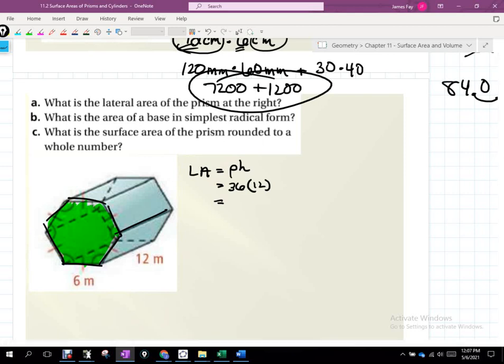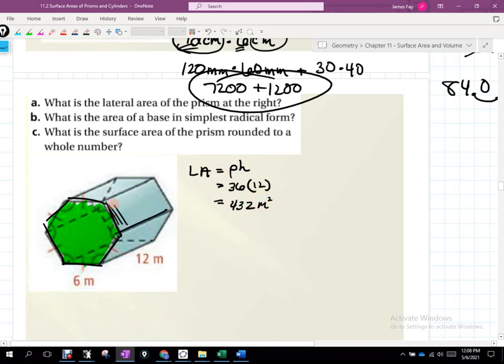What's 360 plus 72? 432. Okay? So my hope is that you realize that that is much more efficient. So the lateral area right now is 432 square meters.